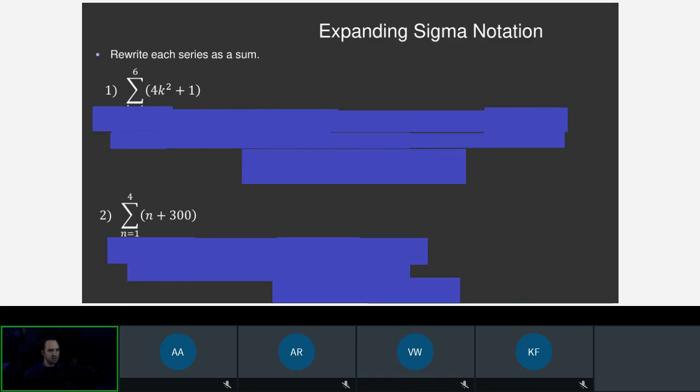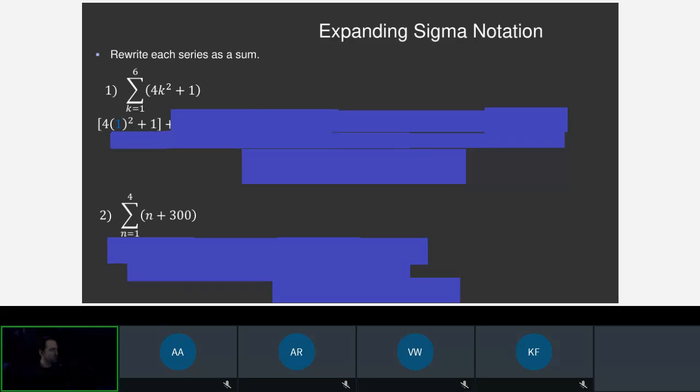All right, and this one, I typed up everything, so I don't have to write anything, I don't think. So we're going to rewrite each series as a sum. All right, so this says the sum from k equals 1 to 6 of the expression 4k squared plus 1. So all we do, we start at 1 and we plug it into k. So you get 4 times 1 squared plus 1.